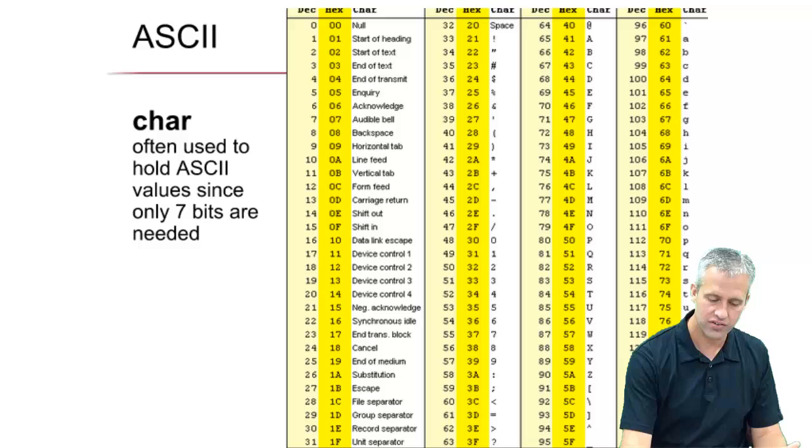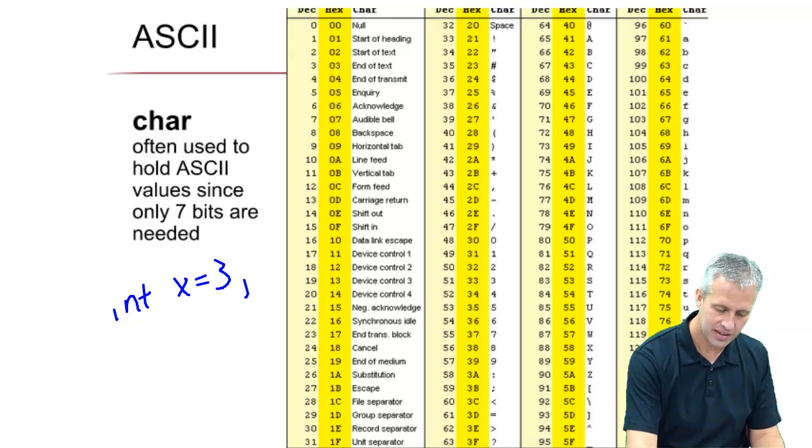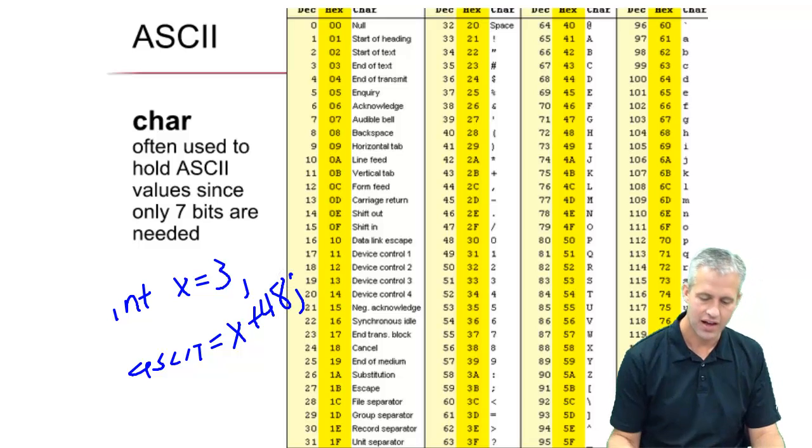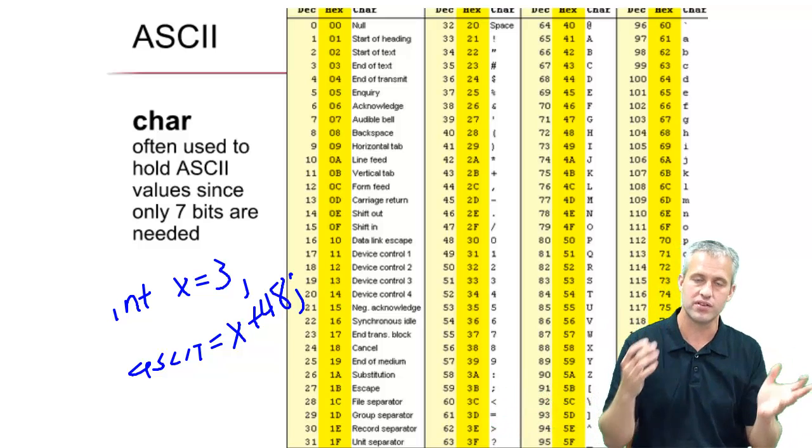For example, if I wanted the ASCII for the number 3, it would just be x plus 48, right? So you see that plus 48 all the time, just to convert something from its integer form up into its ASCII equivalent.